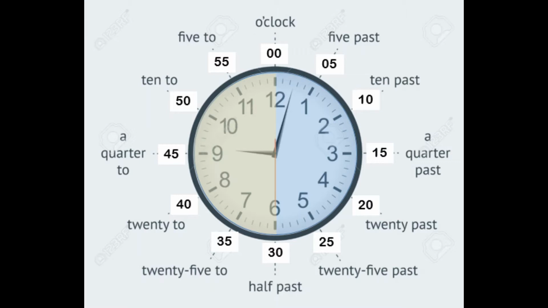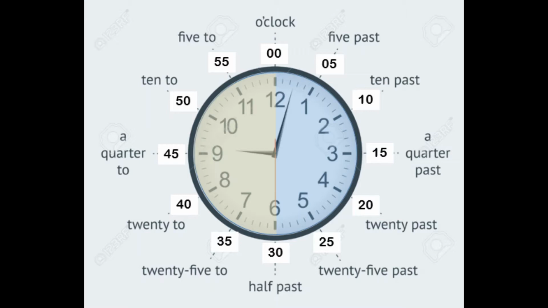And if we were on the 10, that's 10 to, because we've got 5 to get to the 11 and 10 to get to the 12. So instead of just continuing to count, we actually start counting back up again when we reach half past, which makes it easier, makes the numbers smaller.